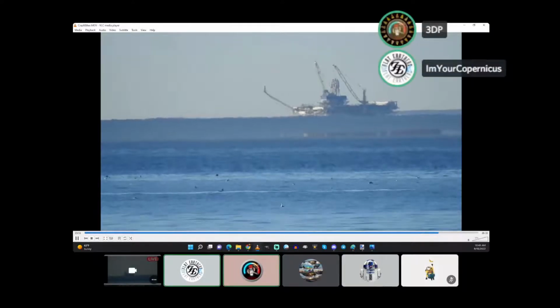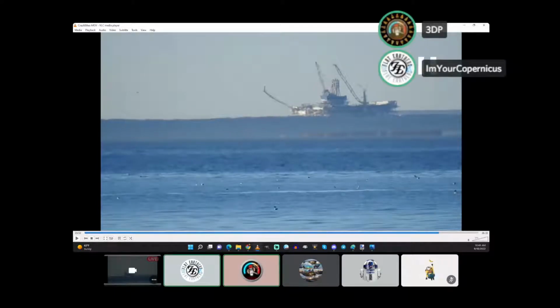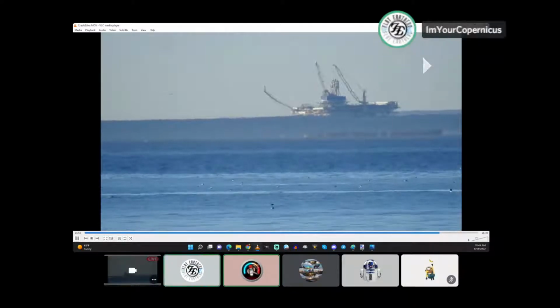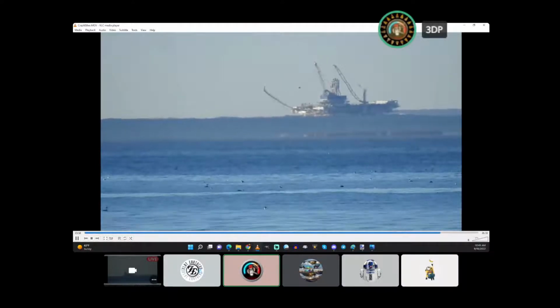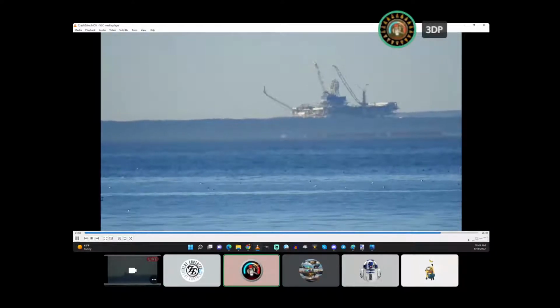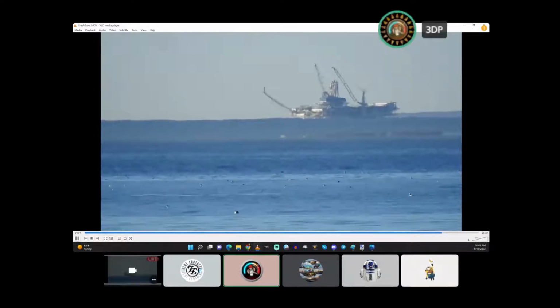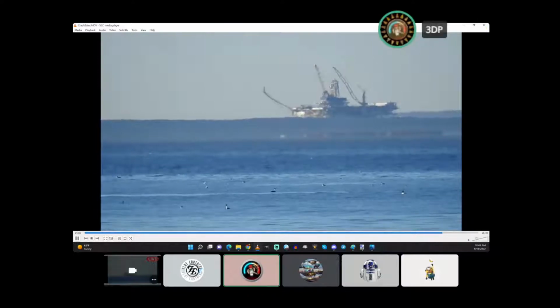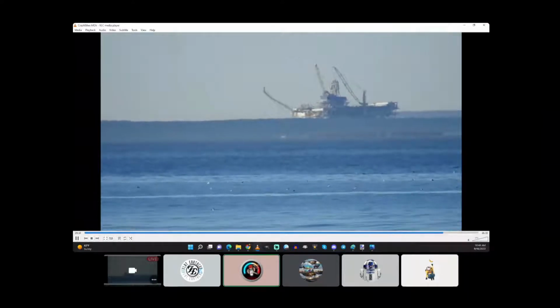And right there, that dark band at the top, that's the ship, but it's squashed to hell. The hull of the ship is developing in the mirage, whereas the bridge and deck of the ship are developing as we see it in reality.